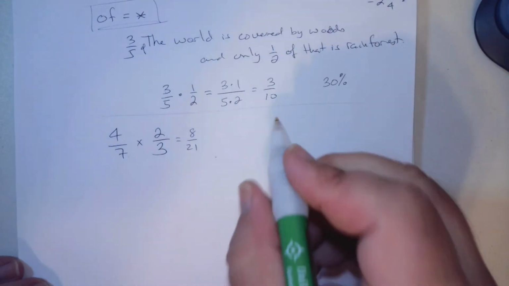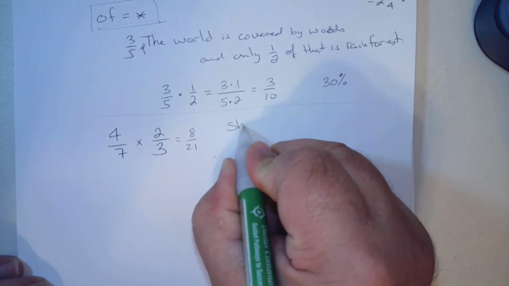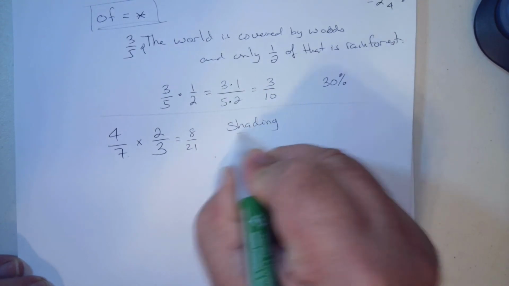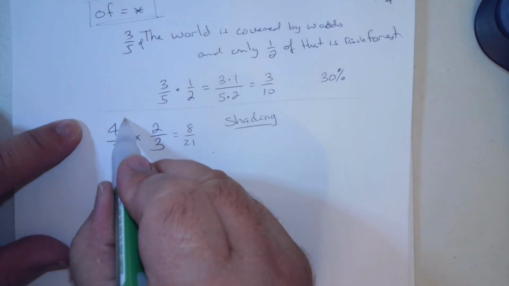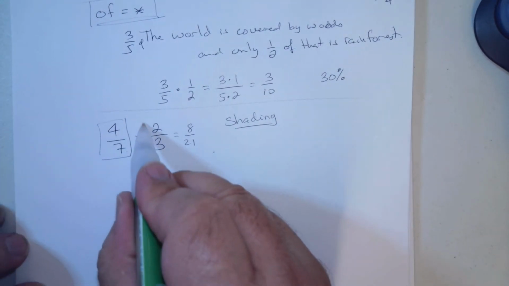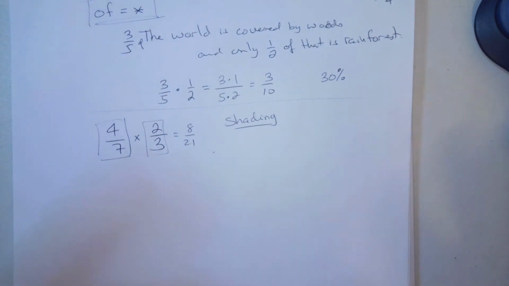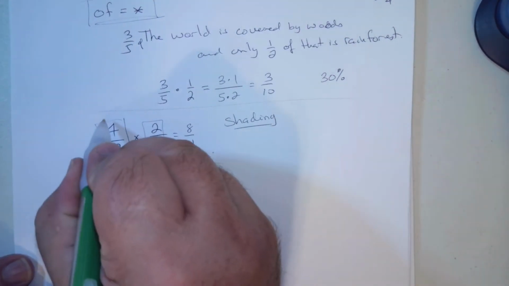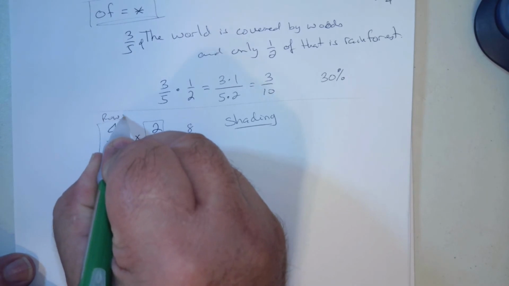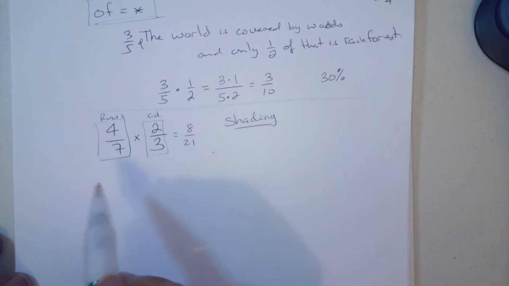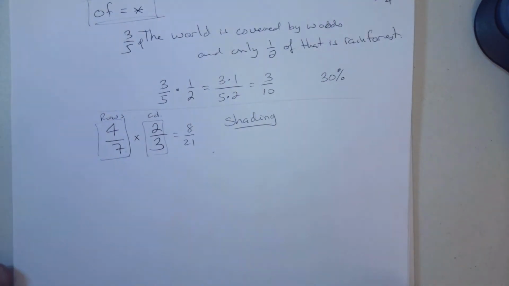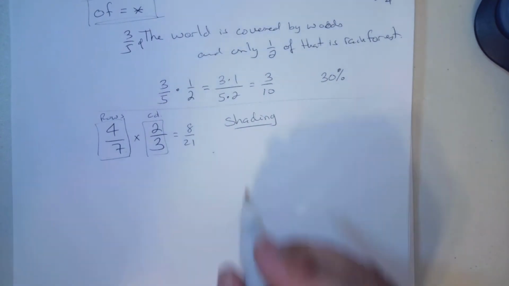Now, what we have to do here is a method called shading. This is the same as a matrix. I don't know if you've heard of a matrix: rows and columns. If I say 3 by 4 matrix, there are 3 rows and 4 columns. Or 5 by 6, 5 rows, 6 columns. The same thing applies when it comes to multiplying fractions.